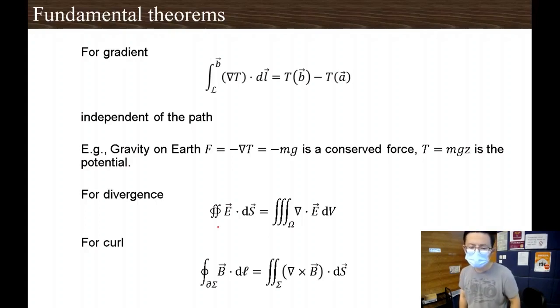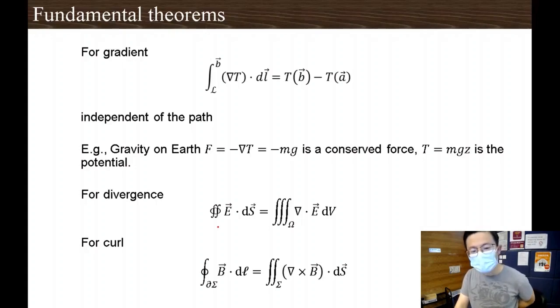So if you calculate the integration of a gradient from point A to point B, what you get in the end is only T(b) minus T(a). That is, the line integral of the gradient of a scalar is independent of the path. This means that the gradient of a scalar is a conservative force, and the T here is the potential representing that force, right?